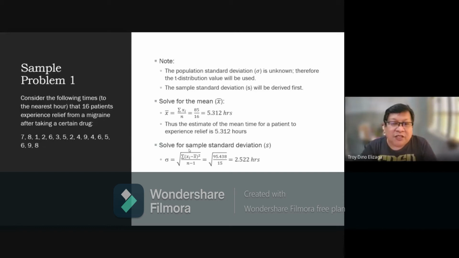To solve for the sample standard deviation, the formula is the square root of the summation of xi, or summation of the difference between the sample minus the mean squared, all over sample size minus 1. Okay. And here we conveniently computed that to be 2.522 hours. You can do that manually in a calculator since the formula is here.